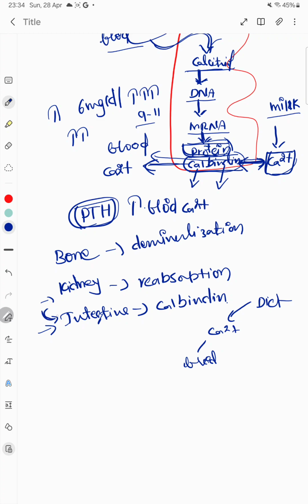PTH action on the intestine is indirect, via vitamin D. Bone and kidney are direct, but in the intestine PTH first produces vitamin D, and that vitamin D acts on the intestine, thereby producing calbindin. That calbindin brings the dietary calcium into the blood, and therefore calcium increases again.